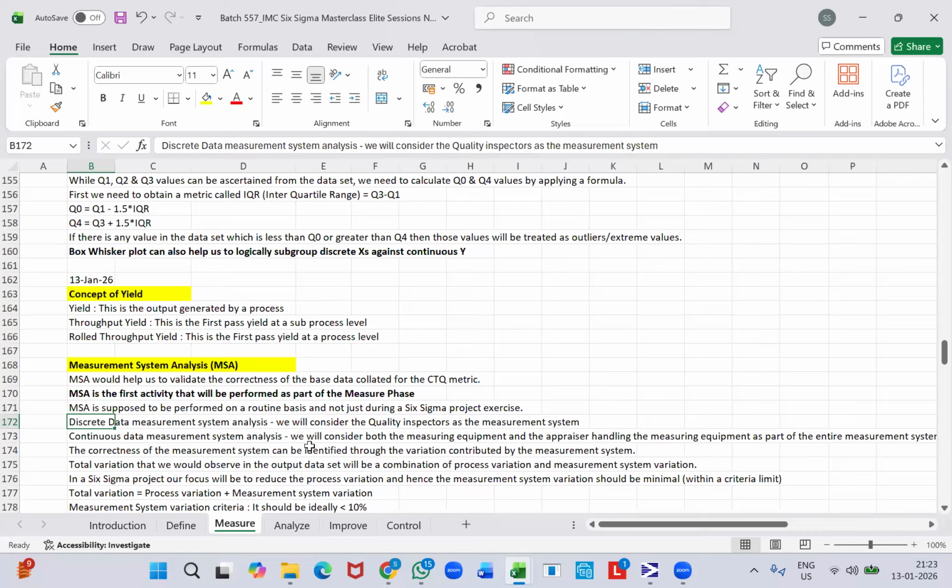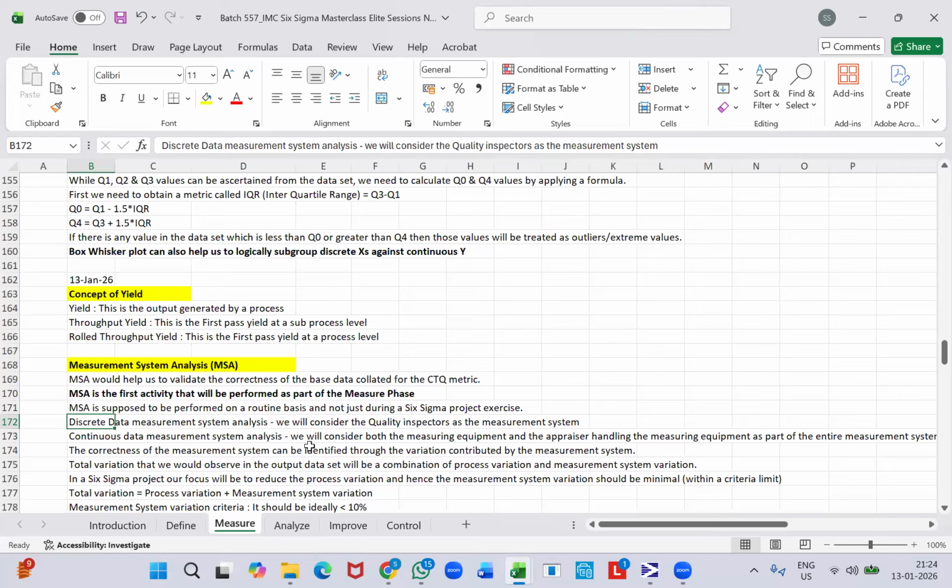They will be the only part of the measurement system. So in short, for a discrete data measurement system analysis, the measurement system would consist of only the quality inspectors.